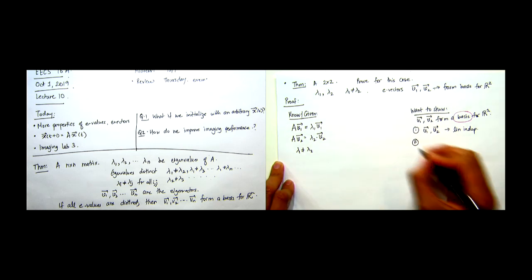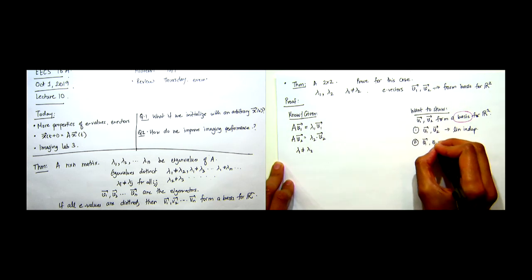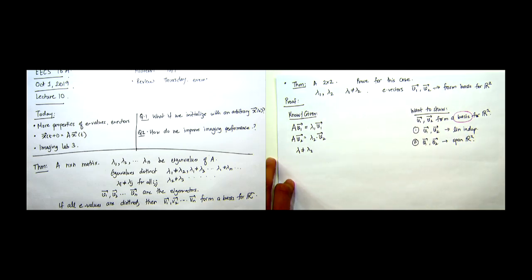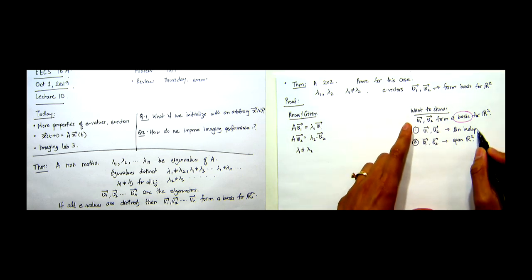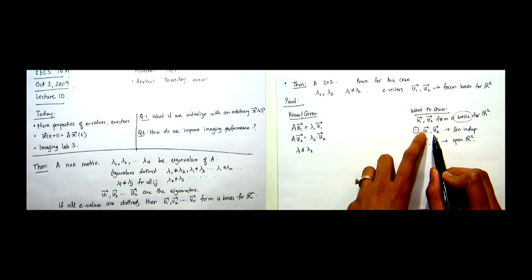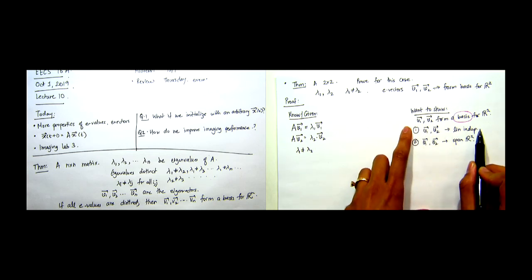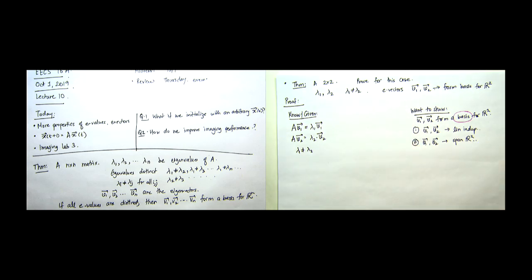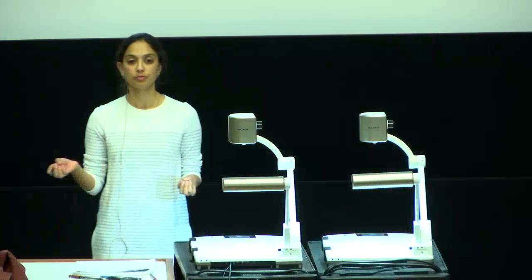And the second thing you must have is that V1, V2 must span R2. Now you know that V1, V2 are two-dimensional vectors. If you can prove that they're linearly independent, can you immediately infer that they must span R2? So now, what remains to be shown to complete your proof? That they're linearly independent, right?